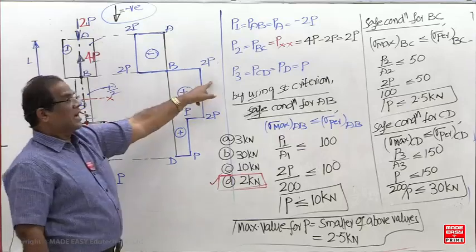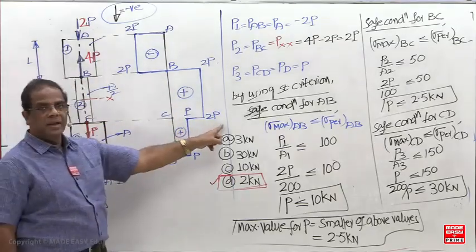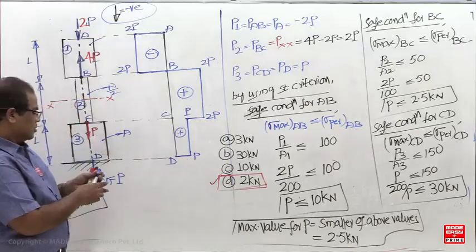2P. And this height should be equal to 4P. And this height should be equal to P. What is this height now? P. And what is this height now? P. So this is the ALD.